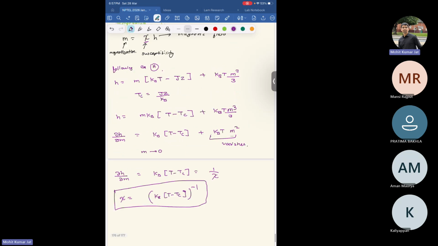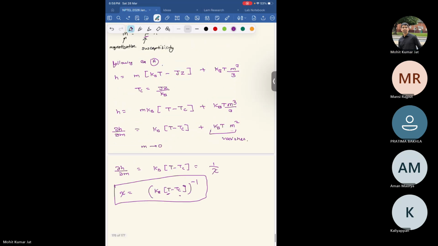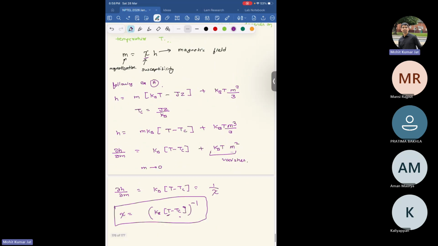There's a dependency of this magnetic susceptibility on the temperature T and the critical temperature Tc. Here I am talking very close to Tc.